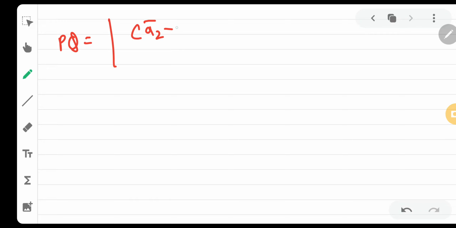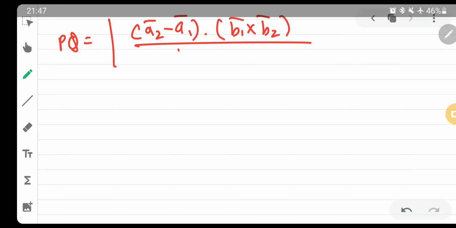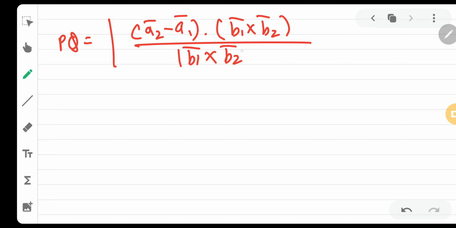(a2 bar minus a1 bar) dot (b1 bar cross b2 bar) upon magnitude of b1 cross b2. So let me write that down.